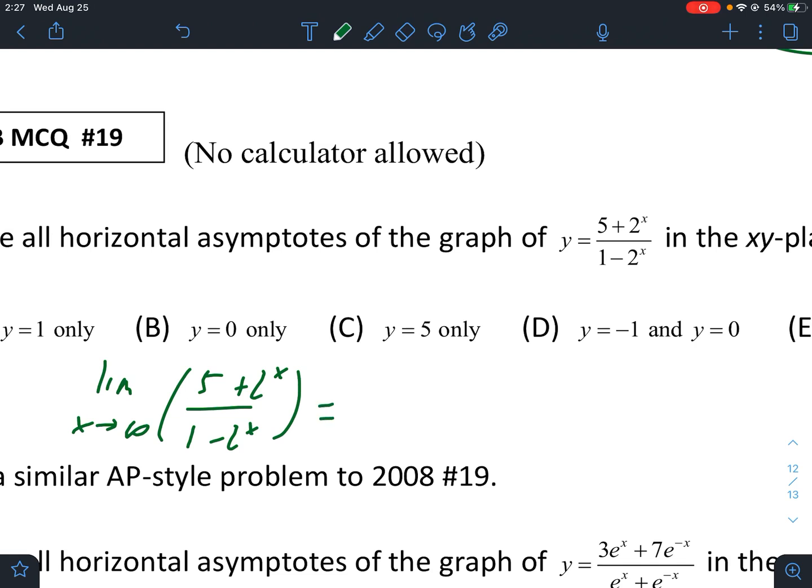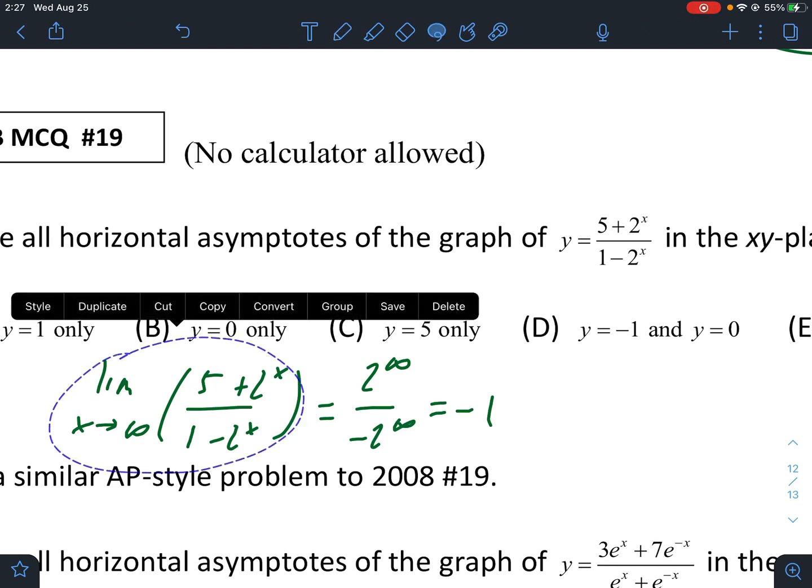If we put infinity into this, we would essentially get 2 to the infinity plus 5, but when you're at infinity, adding 5 isn't going to do much, over -2 to the infinity, again plus 1, but that's not going to do much. So 2 to the infinity over -2 to the infinity would be -1. So one of our answers is -1.